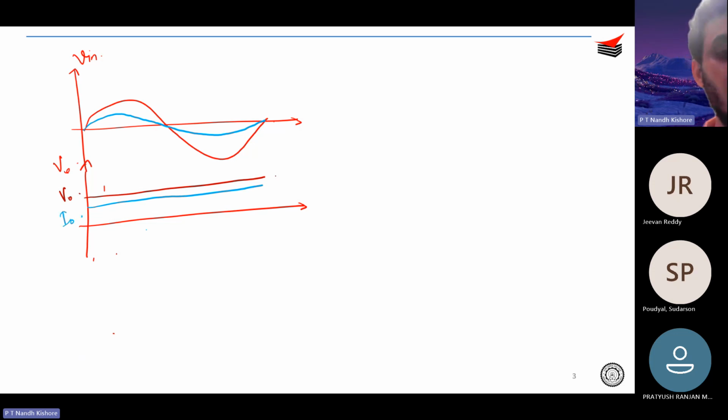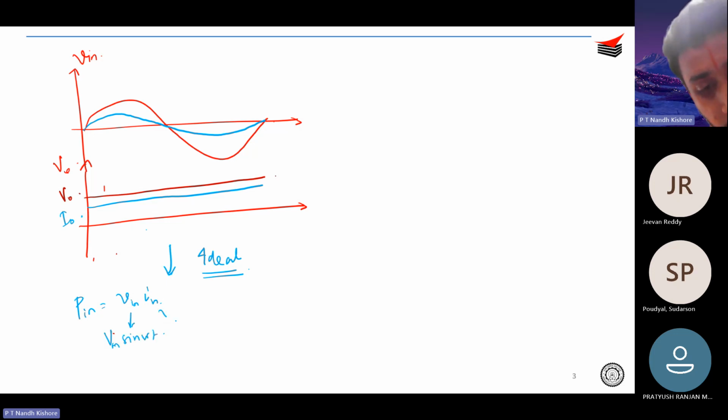Okay, so from this you can infer multiple things. One thing is, of course, this is the ideal case. So what you infer is that the input power is going to be V in times I in. And you know that V in consists of only Vm sine omega t, no harmonics, and I in is going to consist only of Im sine omega t.